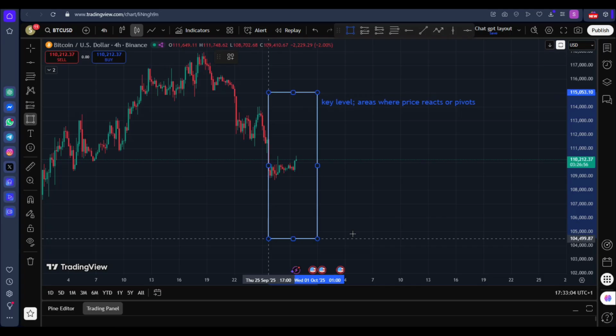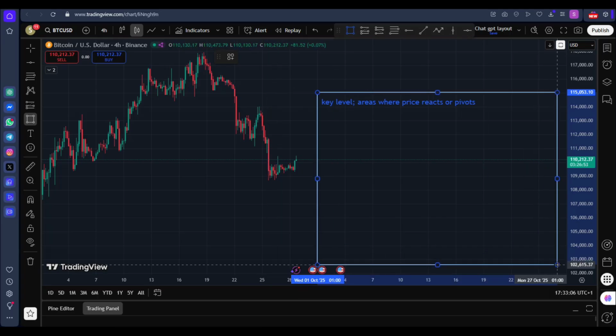Now, it would be a lot better for you if you can have a note to jot down most of these things, because I'm going to really get into it here.